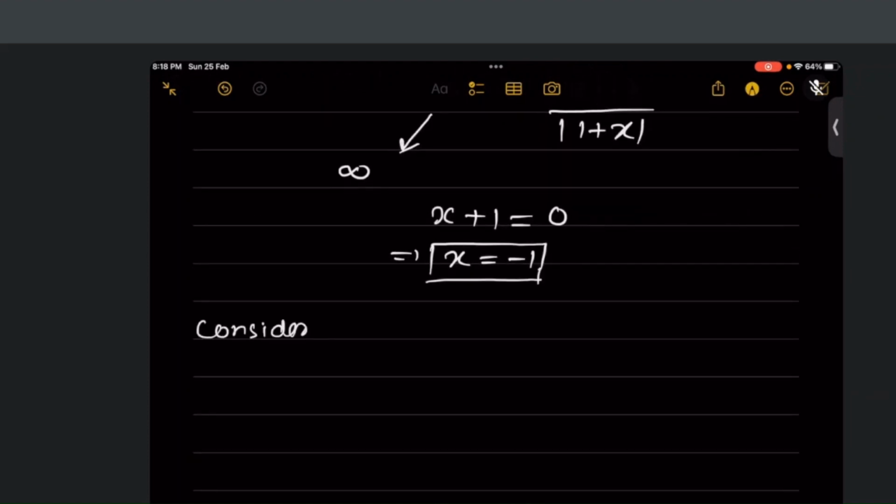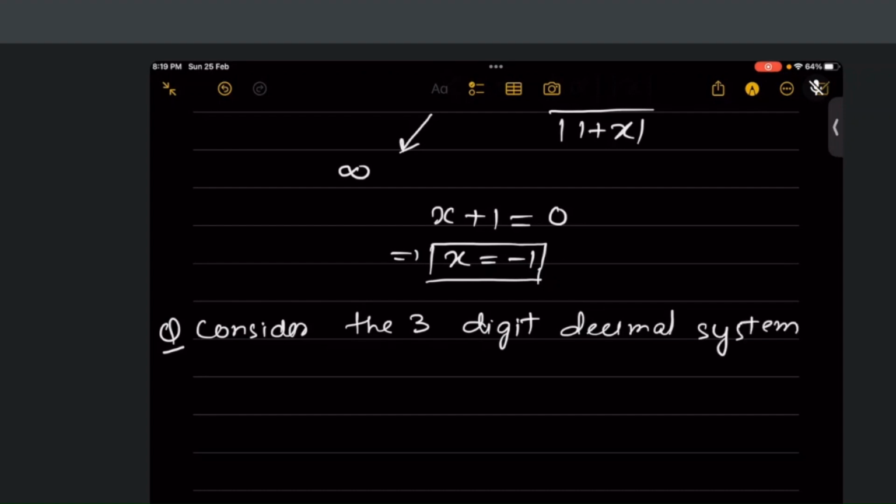Consider the 3-digit decimal system with rounding.